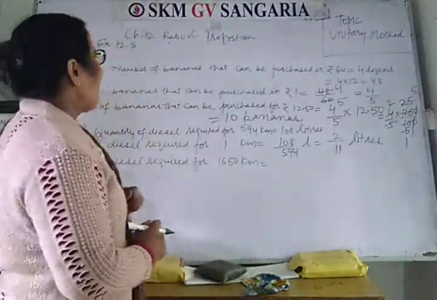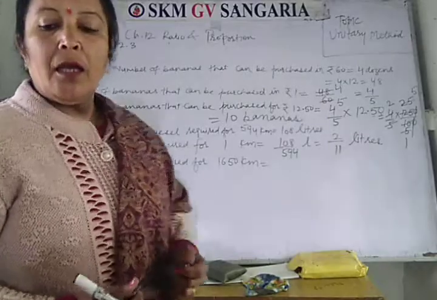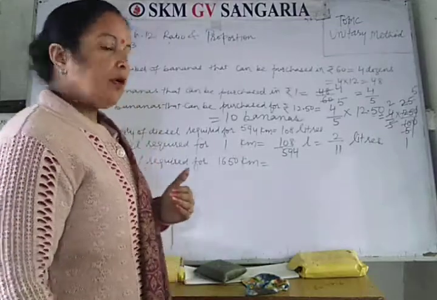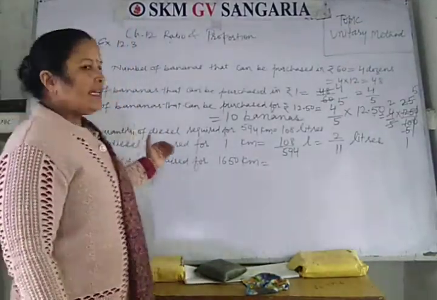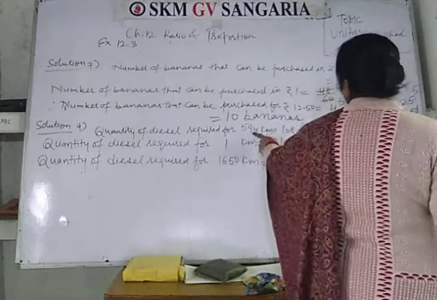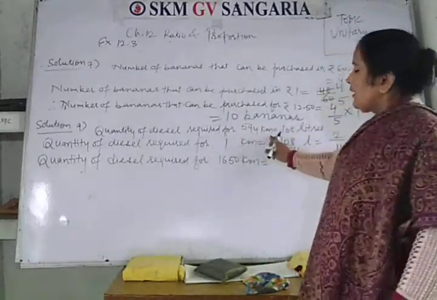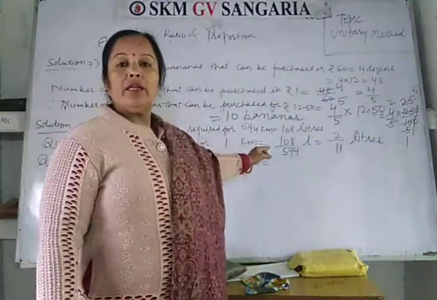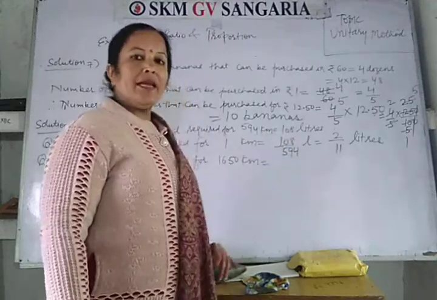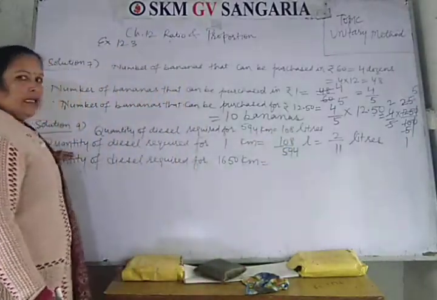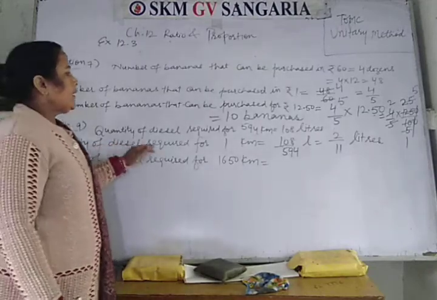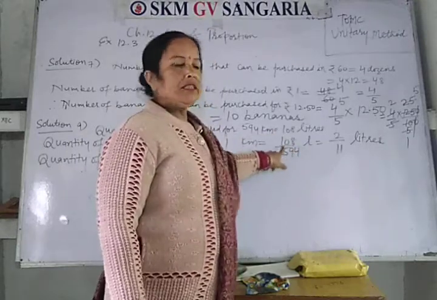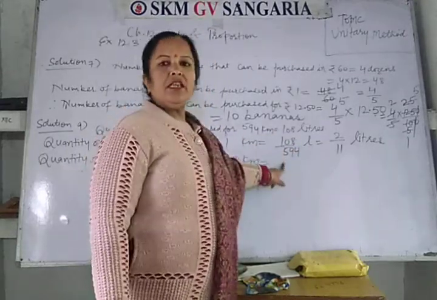We have to write the language also. So when liquid things are there, we use the word quantity. Quantity of diesel required to cover 594 kilometers. How much quantity of diesel? 108 liters. Then quantity of diesel required for 1 kilometer is equal to 108 divided by 594.